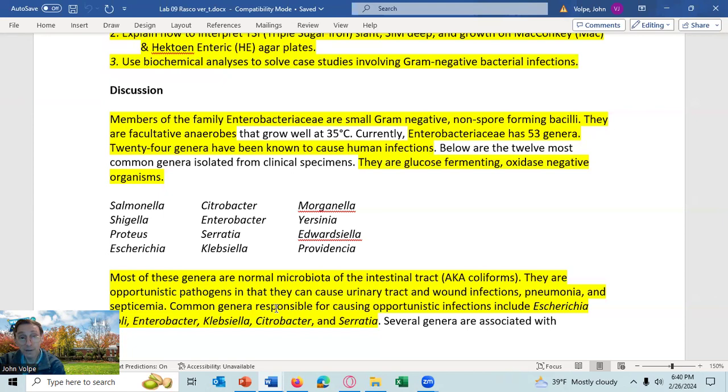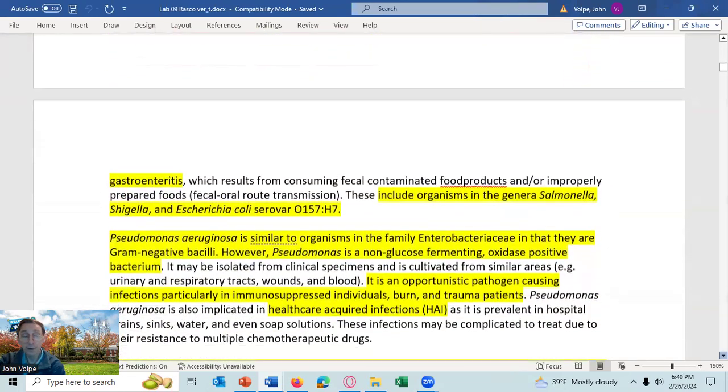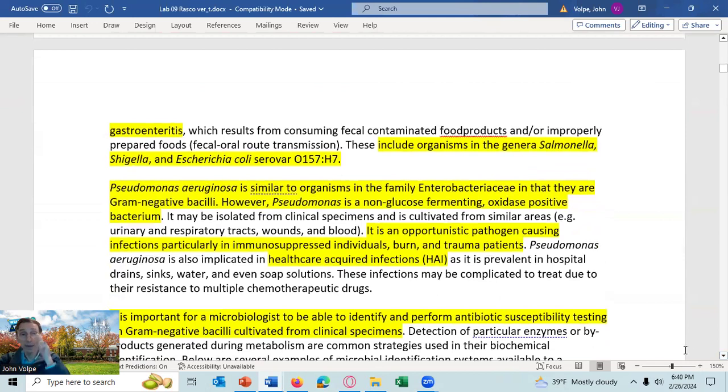So common genera responsible for causing opportunistic infections in human include Escherichia, Enterobacter, Klebsiella, Citrobacter, and Serratia. Several genera are also involved in gastroenteritis, meaning they're frank human pathogens.